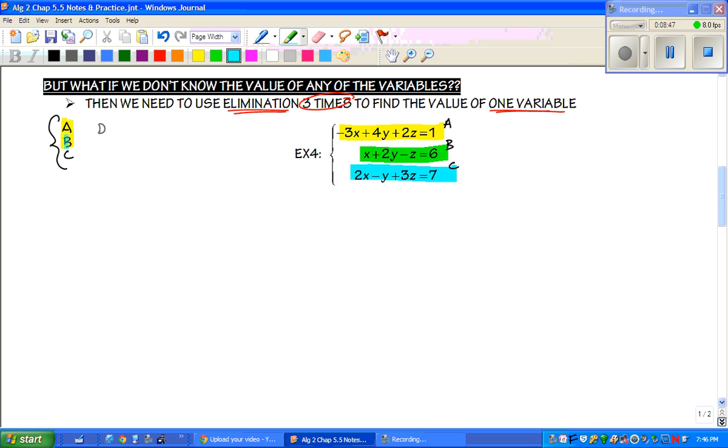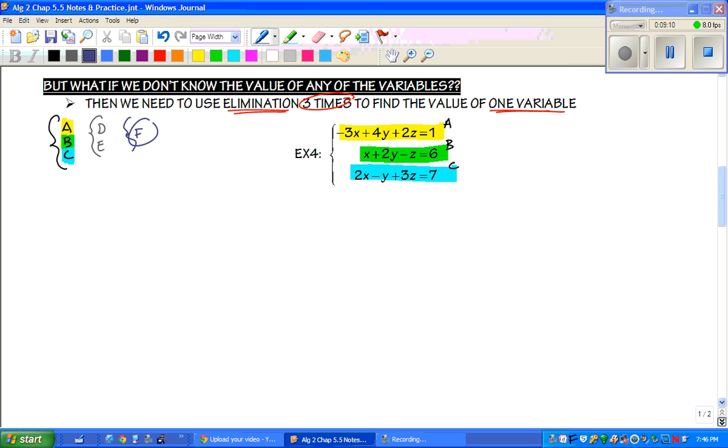Then we're going to do elimination of those two, and we're going to get another equation. And then when we do elimination with those two, we're going to get our answer for the first one.